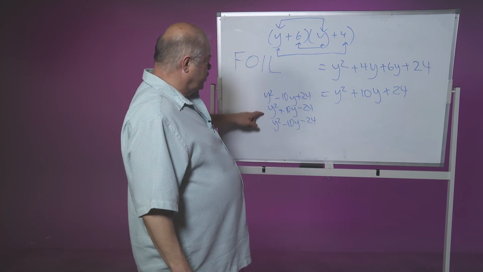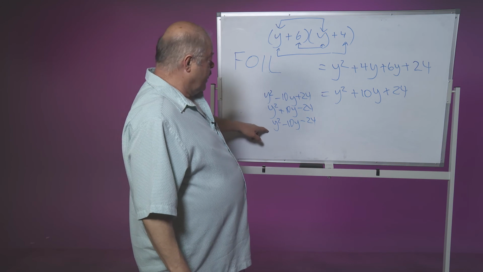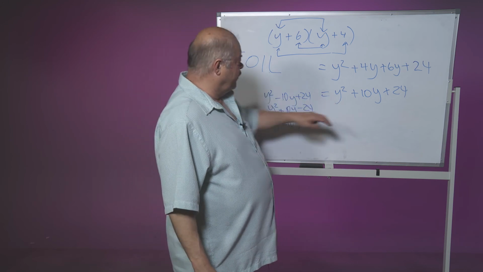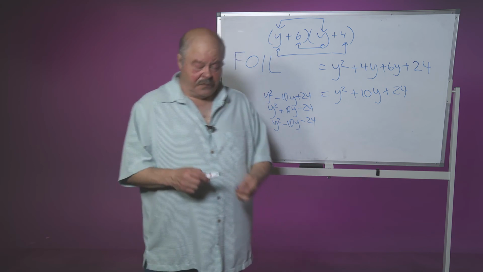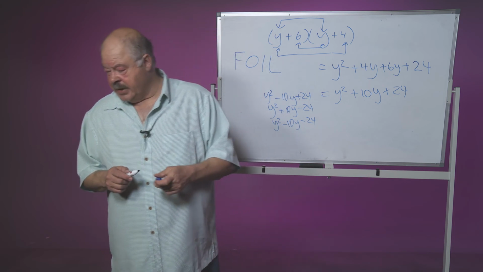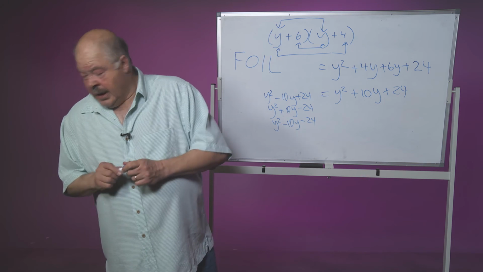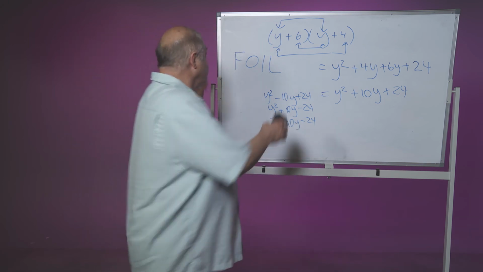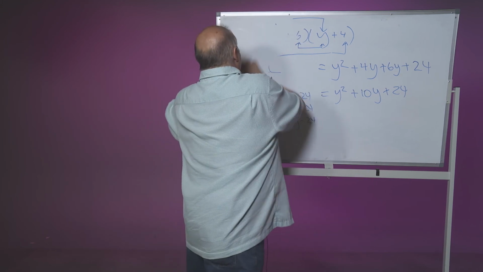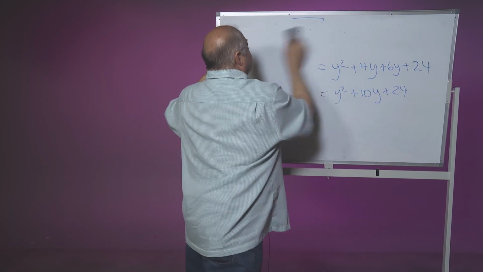They're going to generate some wrong answers, but you'll have to pick this one from the list. So that's the FOIL method for expanding a binomial. I think we're going to do one more of those because that's really super important.